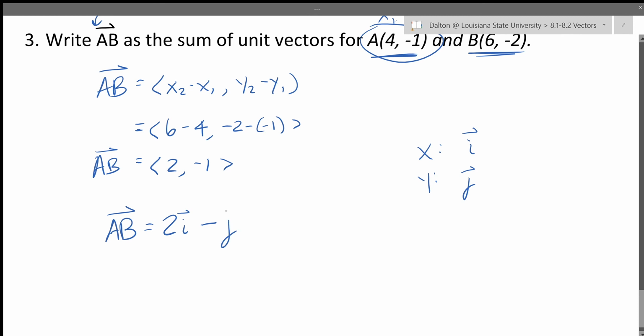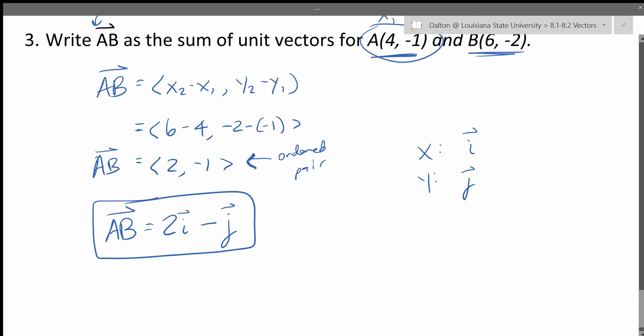And because it's 1, we don't need to write that. So this is a sum of the unit vectors. So step 1 is to actually find what the vector ordered pair would be, given the ordered pairs for A and B, and then take your unit vectors, X and Y, which just stand for 1, but write them as the sum, and then you'll get your vector AB written as the sum.